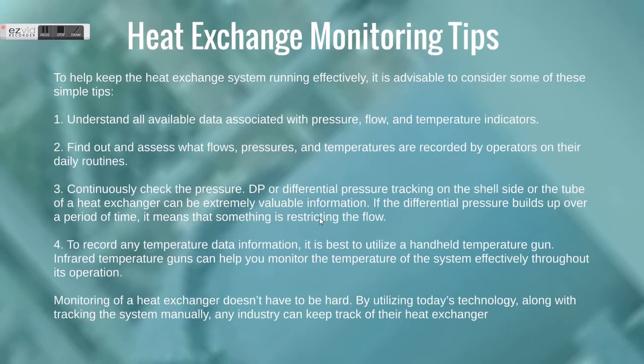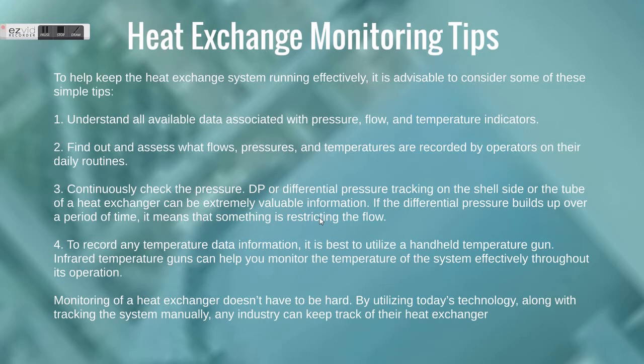Continuously check the pressure, as differential pressure tracking on the shell side or the tube side of a heat exchanger can be extremely valuable information. If the differential pressure builds up over a period of time, it means that something is restricting the flow. 4. To record any temperature data, it is best to utilize a handheld temperature gun. Infrared temperature guns can help you monitor the temperature of the system effectively throughout its operation.